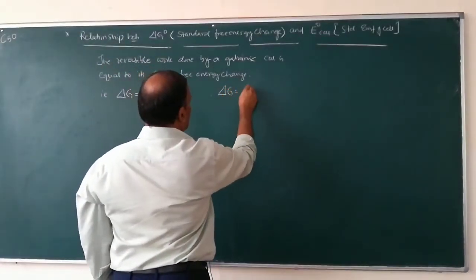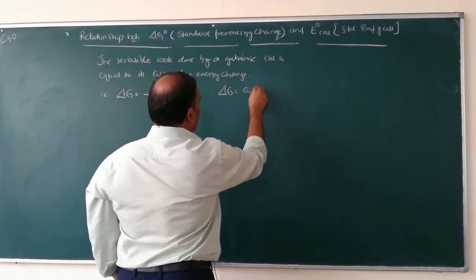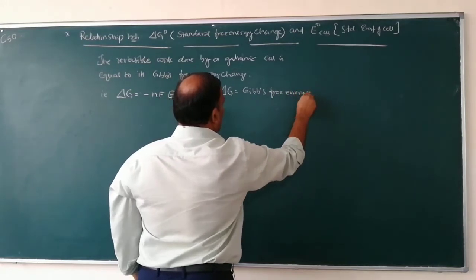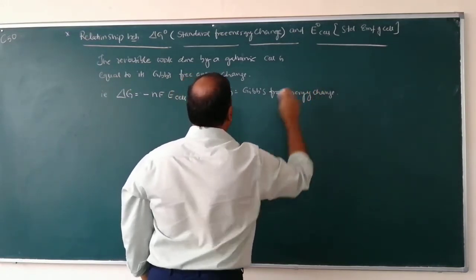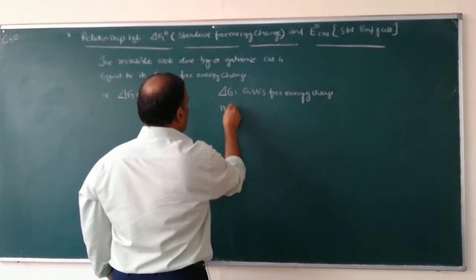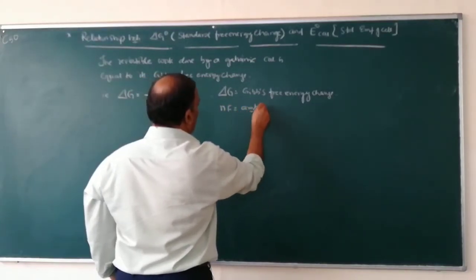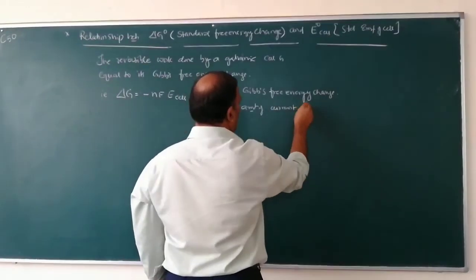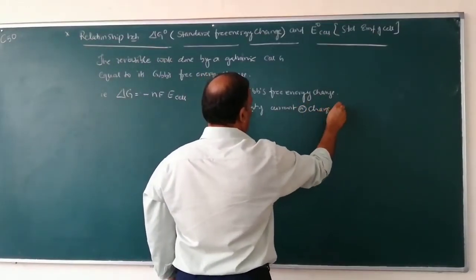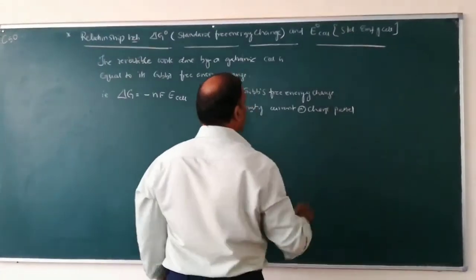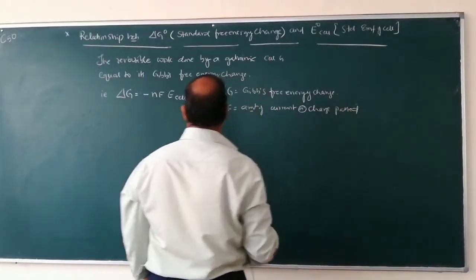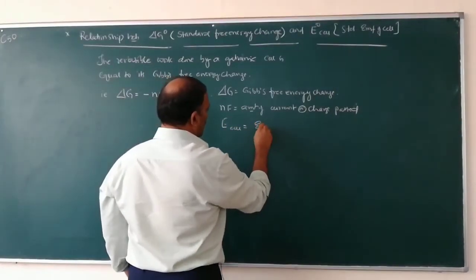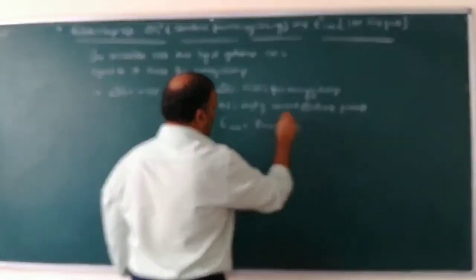Delta G equals Gibbs free energy change. nF equals the amount of charge passed, and E cell is equal to EMF of cell.